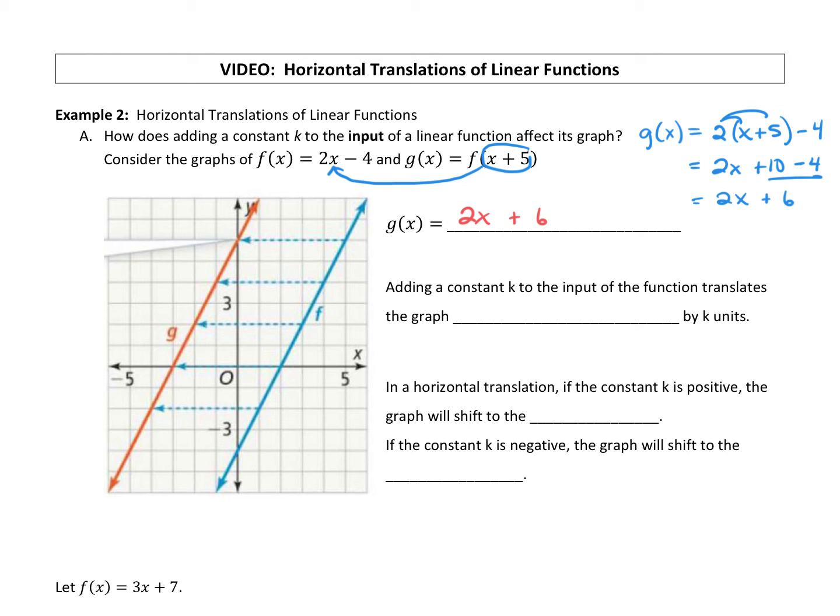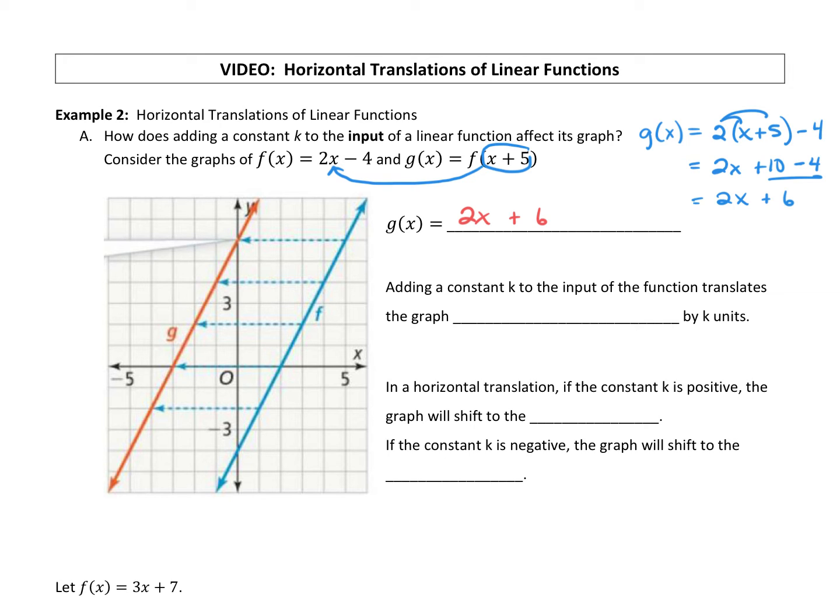Now our y-intercept is 6, so if we go up the y-axis, here's our 6 with a slope of 2, up 2 over 1, and we can backtrack down 2 over 1, down 2 over 1, and we get this line. What we notice is that it took our f function, and when we added in a 5 to the input, it translated or shifted our graph to the left 5 units. 1, 2, 3, 4, 5.